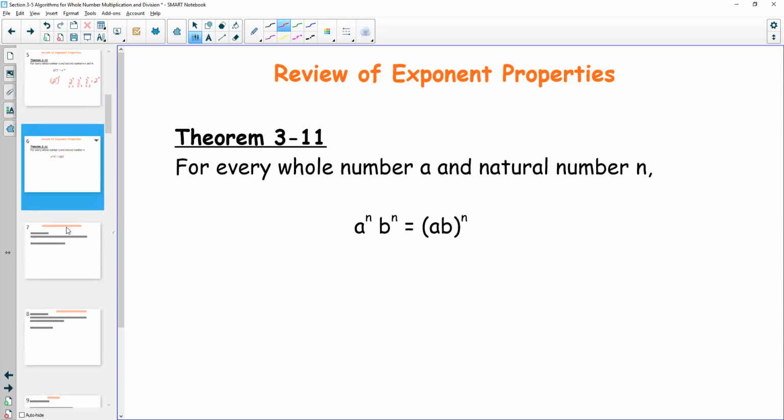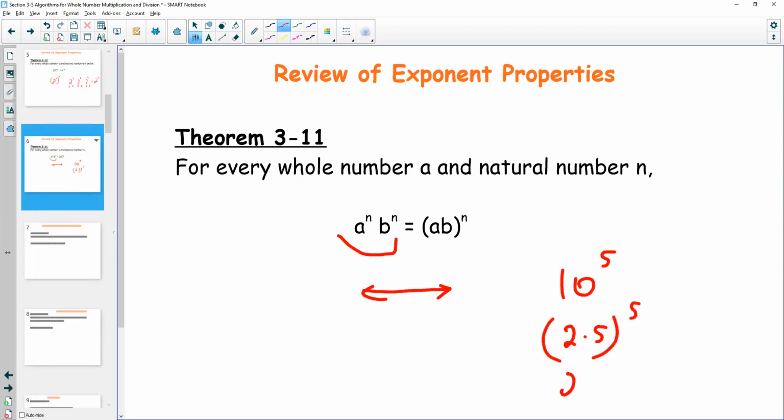When I have 2 bases to the same exponent, I can multiply the bases. I can go in either direction here. So I can have a number to an exponent and I can actually take it apart for its factors. So let's say I have 10 to the power of 5. What this says is that I could actually rewrite this as 2 times 5 to the power of 5, or 2 to the 5th times 5 to the 5th, and have those be equivalent things.